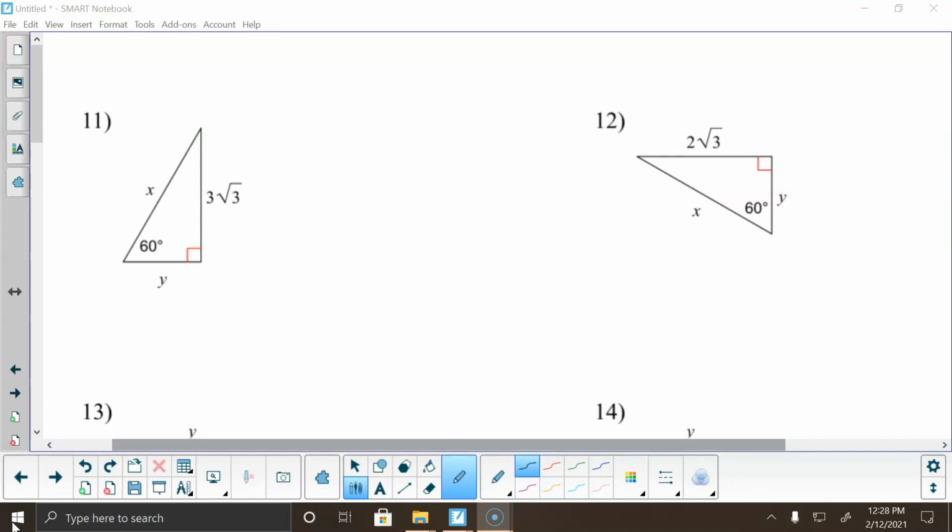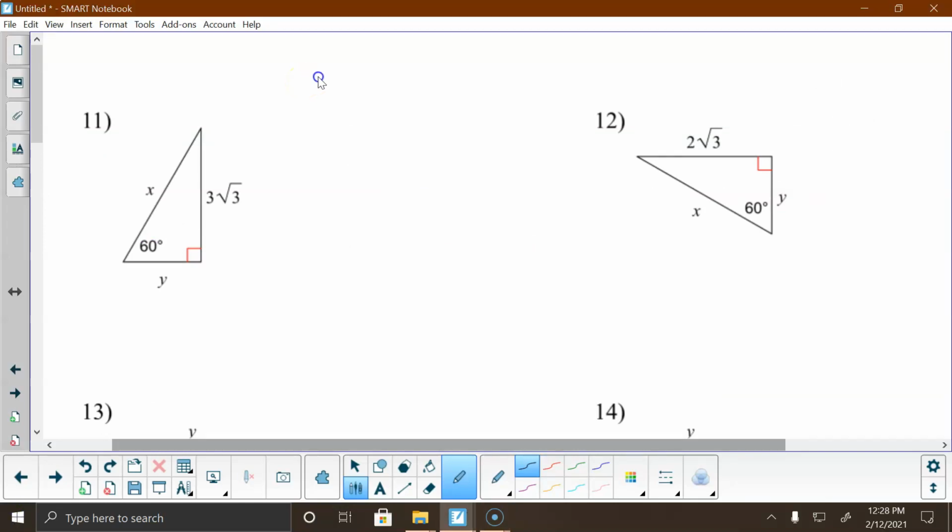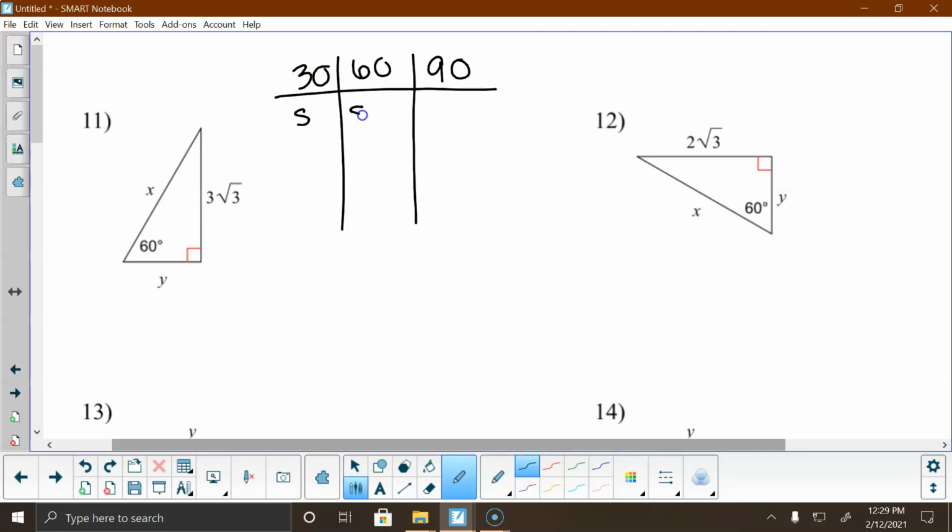So the back of this is the 30, 60, 90. And this is my short side. And to figure out which side they gave you, there's always going to be a numbered angle measure in there.